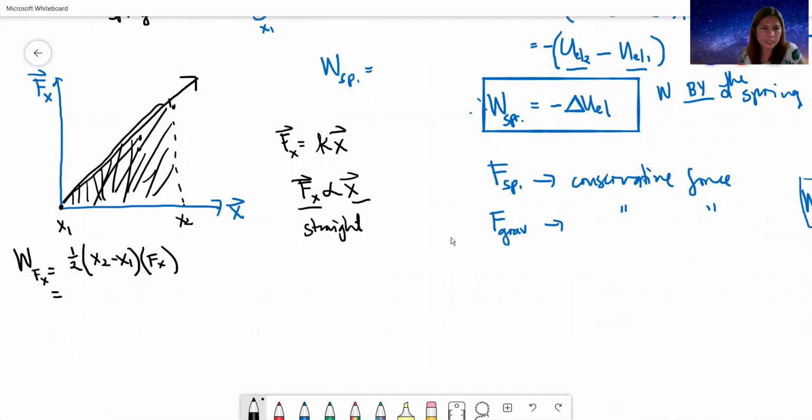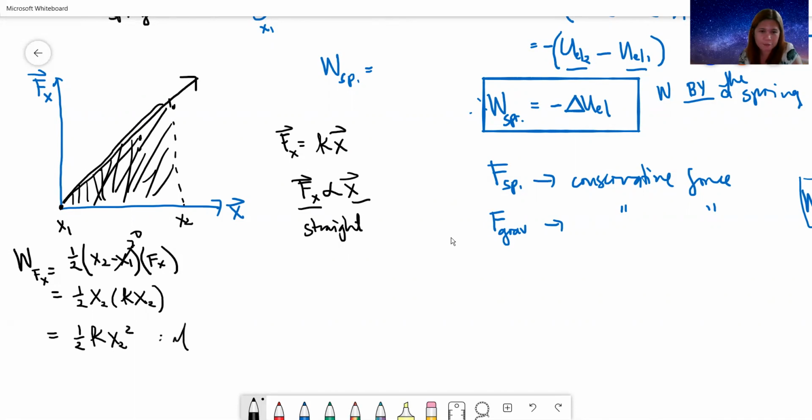So in this case, if I'd say x sub 1 is 0, tanggalin ko ito. So I'll have 1/2 x, generic x, say x sub 2, and then my Fx is, let's say, force constant of the spring times final position. So this becomes 1/2 k x sub 2 squared.